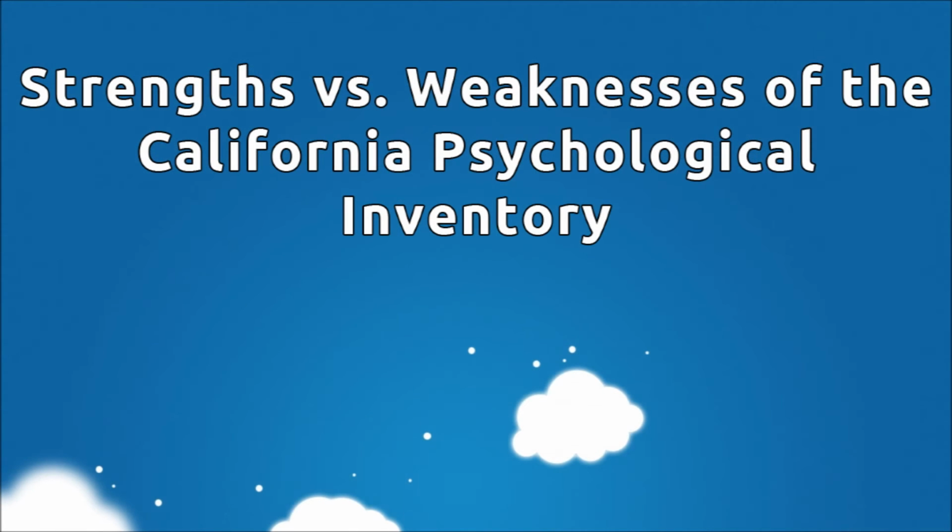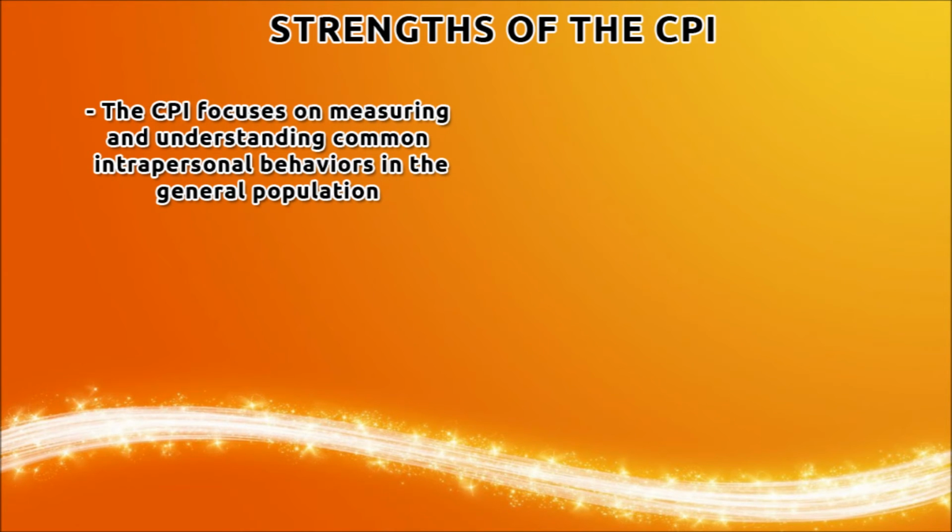Now I'm going to talk to you about the strengths and the weaknesses of the California Psychological Inventory. This test focuses on measuring and understanding common intrapersonal behaviors in the general population.